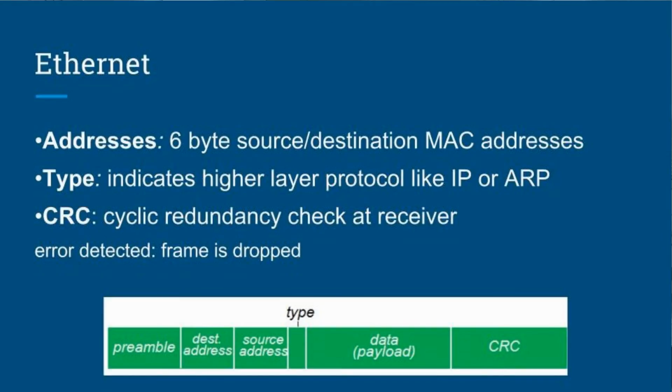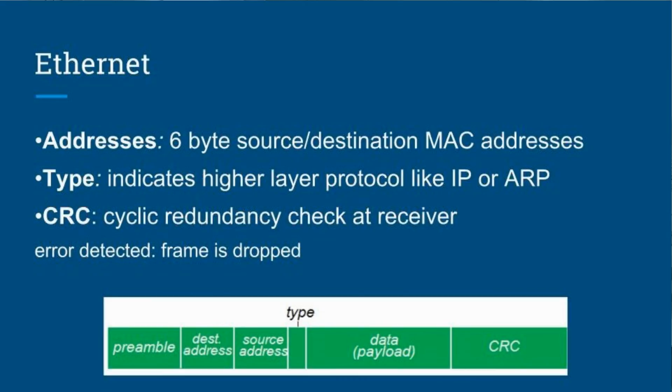Ethernet has two addresses, which contain the MAC addresses of a source and a destination. The CRC will cover the error detection that the data link layer provides. So as you can see in this diagram here, we can see the destination address and the source address, and then the data itself, and the CRC will go at the end to make sure that there were no data errors within.